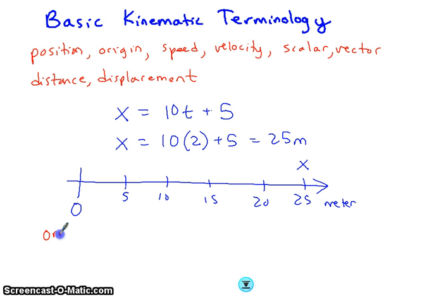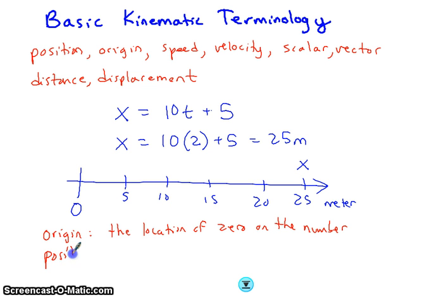So the word origin does not mean where the object started. Origin means where the number line starts. So the origin is the location of 0 on the number line. Again, it doesn't necessarily mean where the object started. It just means where 0 is on your number line.